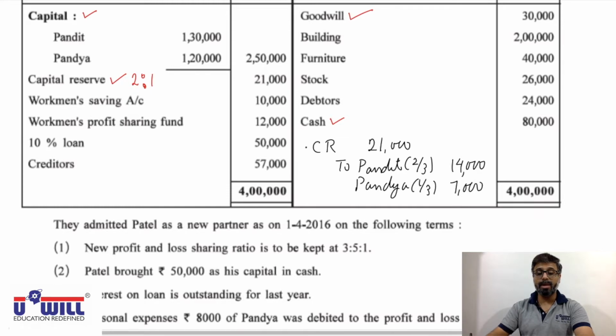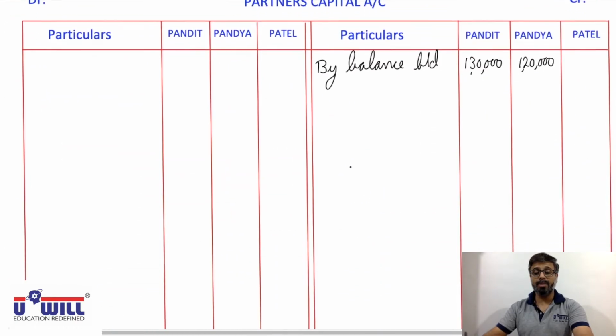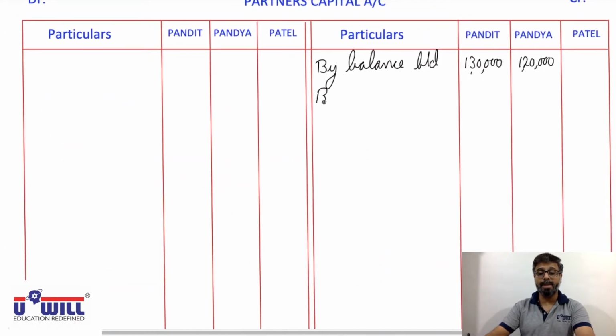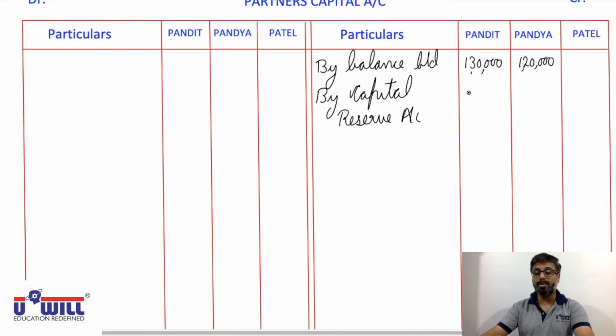Capital reserve account debit means the account gets closed. In partners capital, write down on the credit side by capital reserve 21,000 into 2 by 3, in Pandit's column 14,000, and 21,000 into 1 by 3, in Pandya's column 7,000.